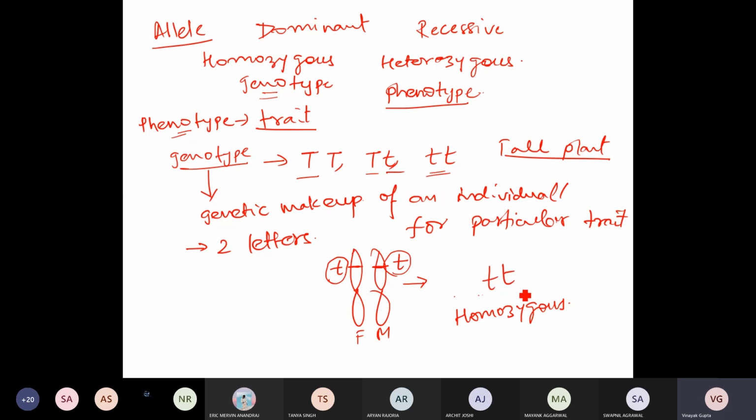So this genotype again represents the homozygous condition.